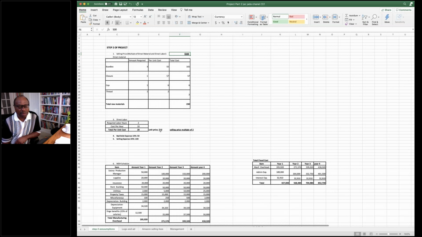So their unit price is 250, and their selling price multiple is 2. So that's how they get to 500. That's the first thing you do. You're supposed to have your raw materials bought. Determine how much it's going to take and what you're going to pay the people. And boom.